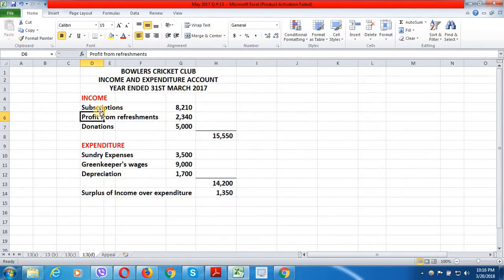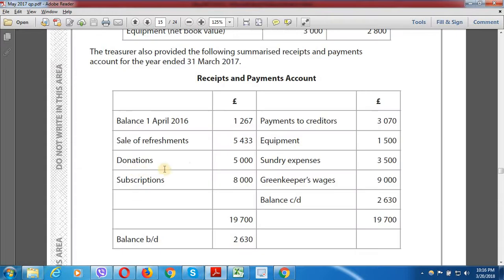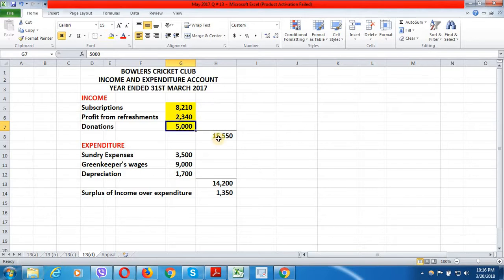So, I have shown this as income. Then we have shown profit from refreshments 2340. This is also an income for this club. Then comes the donations. The donations is mentioned in the receipts and payments account on the receipt side, £5,000. So this is the total income of this club, that is 15,550.